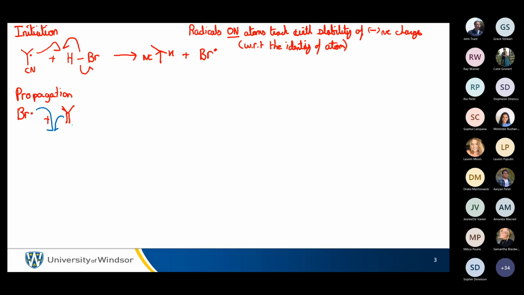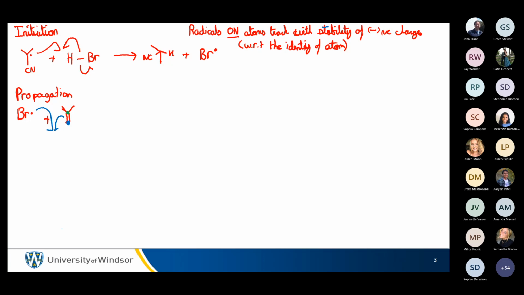We can put it on the blue dot, or we can put it on the green carbon or the blue carbon. Where would the radical prefer to be? So Julie asked, what does the sentence say?